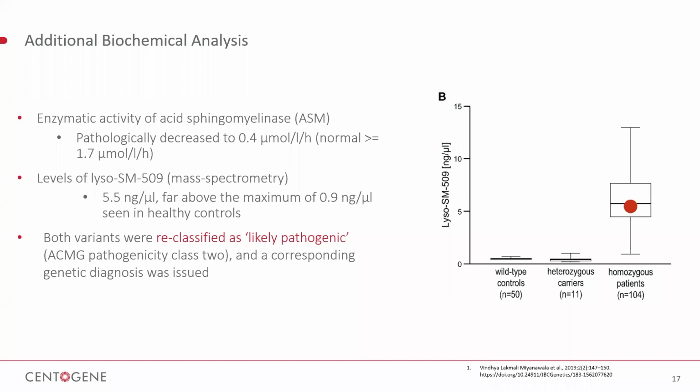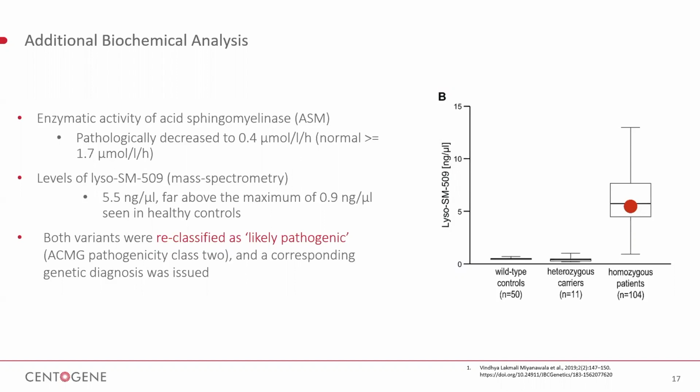So we performed the additional biochemical analysis, specifically the enzyme activity for acid sphingomyelinase, and we saw that it was decreased compared to normal individuals. And then we were also able to look at the biomarker associated with Niemann-Pick and saw that it was elevated much higher than healthy controls as well as carriers, as seen in the diagram on the right.